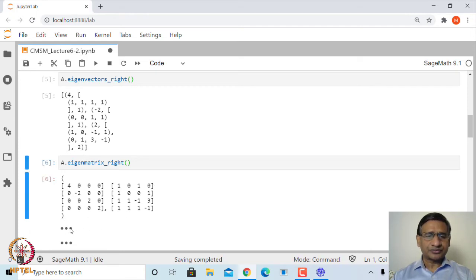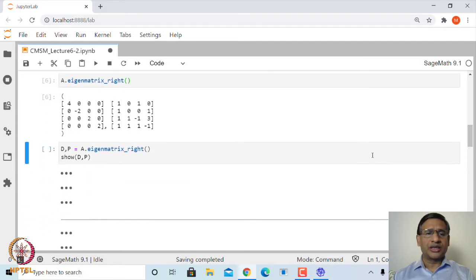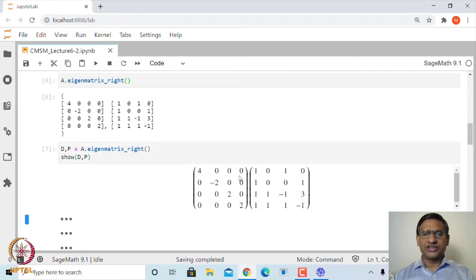So, let us store the output of A.eigenmatrix_right in D and P. D is going to be this diagonal matrix of eigenvalues and P is the matrix of eigenvectors. So, this is D, this is P, right.